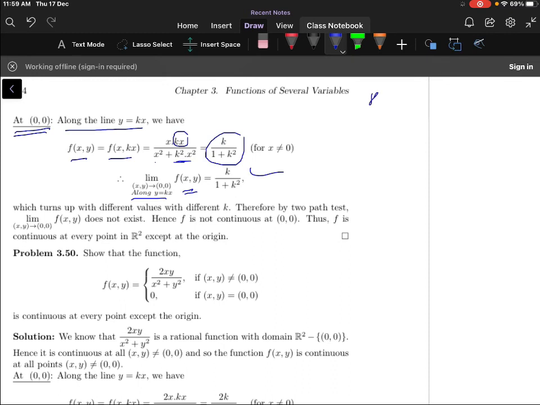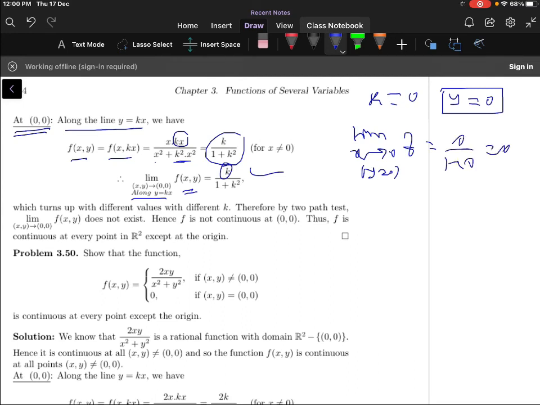Suppose I take k is equal to 0, so y becomes 0. That is the path along the x-axis. So what is the limit here? The limit as x approaches 0, where y is 0 and k is 0, of the function f is 0 by 1 plus 0, that is 0.